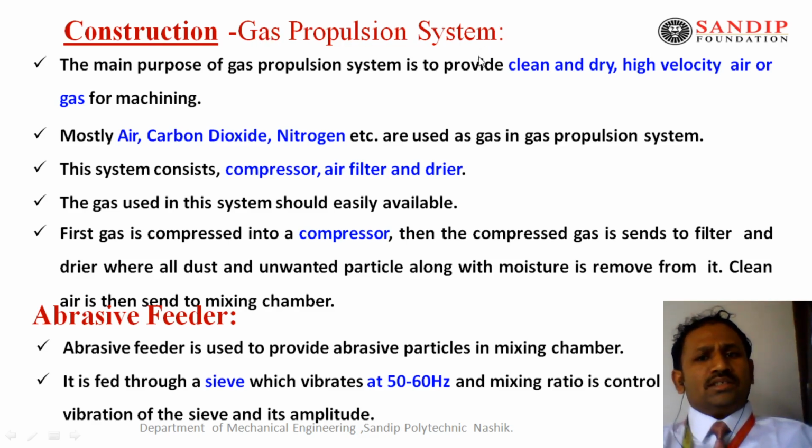The main purpose of the gas propulsion system is to provide clean and dry high velocity air or gas for machining. As already said, the gas in the cylinder may be carbon dioxide, nitrogen, air, or argon.